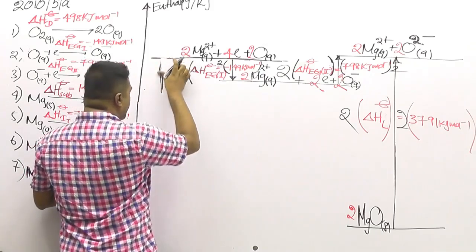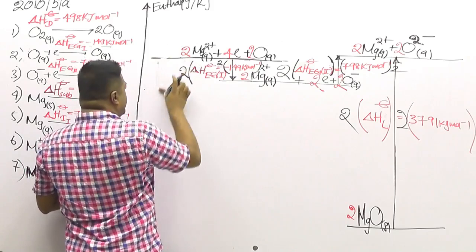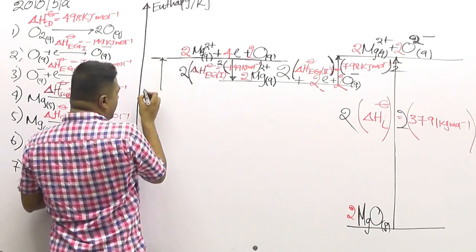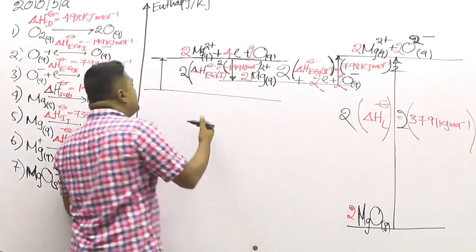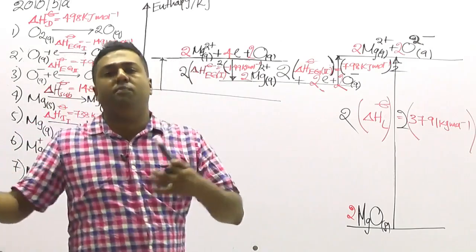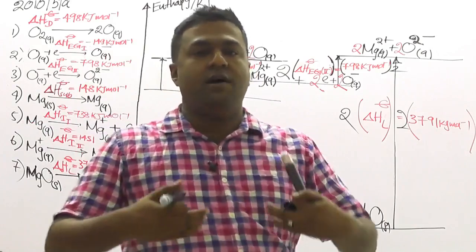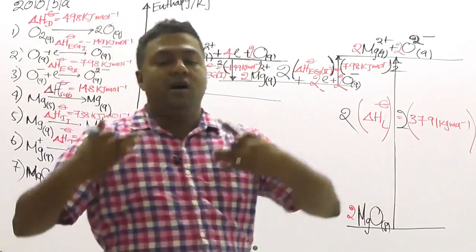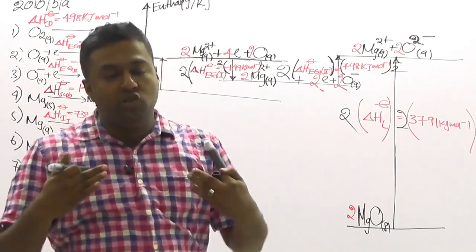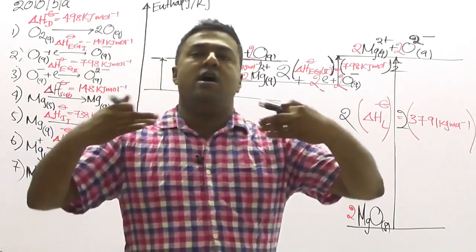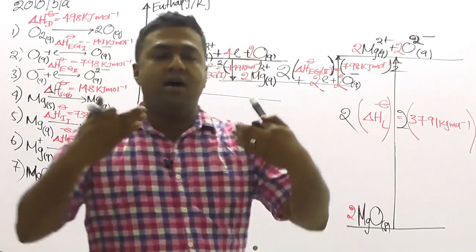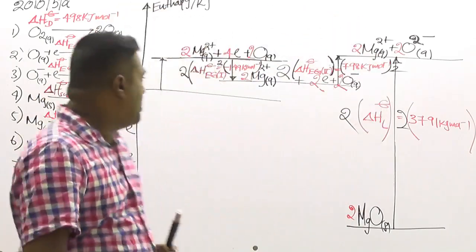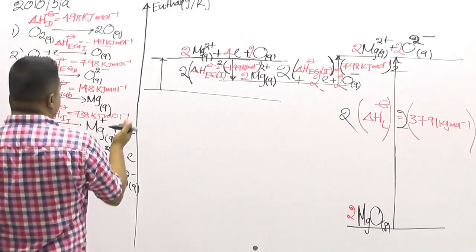I'll take somewhere here because it is an endothermic process. Endothermic process means the species in the process absorb energy, and the energy of the species will be increased. So it is an endothermic process.